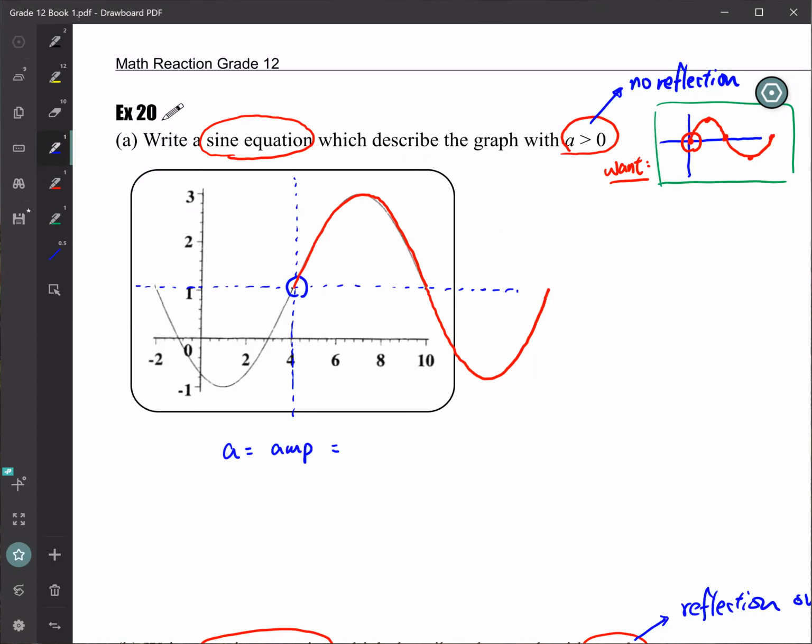What's the highest place? At 3, right? Yeah. What's the lowest place? -1. Then if that's the amplitude, then amplitude should be like 4, right? Because they're 4 apart.